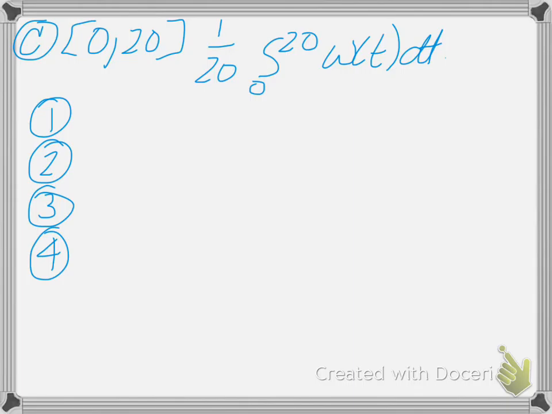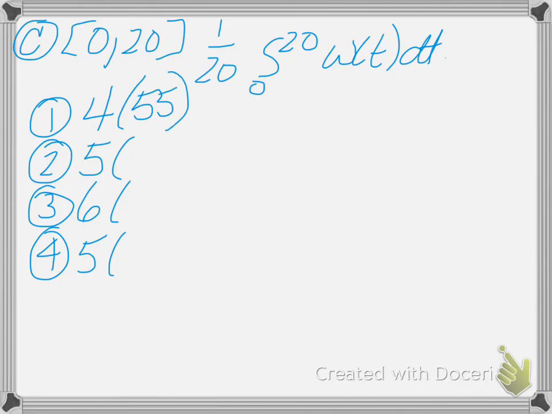I'm going to go back and look at the table. My first interval will be from 0 to 4, so the length is 4. The next one goes from 4 to 9, so the length is 5. The next goes from 9 to 15, so the length is 6. And the next goes from 15 to 20, so the length is 5. Now you take the y value from the left side. From 0 to 4, you choose the one for 0, which is 55.